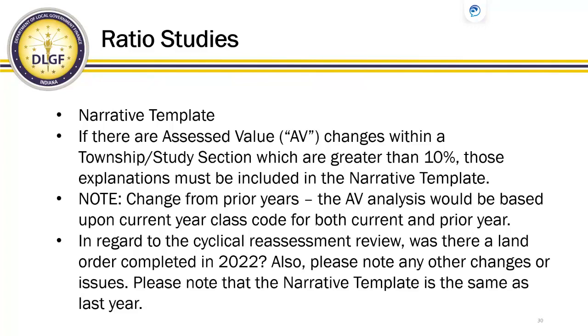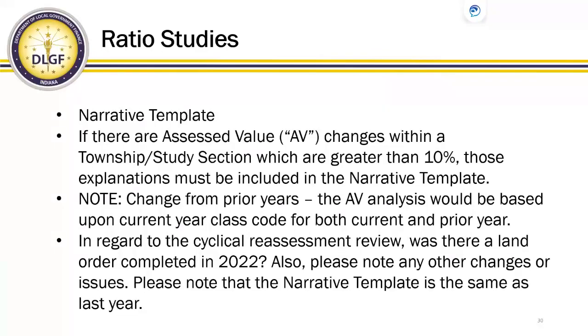In regard to the narrative template, this is another key area that we focus on. To start off, if you have any assessed values where there's a change of something greater than 10%, and the change can be positive or negative, those explanations must be included in the narrative template.